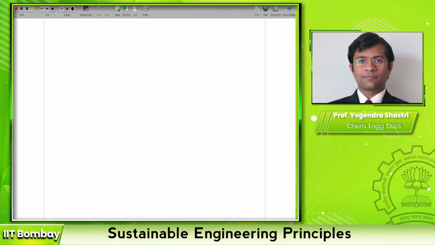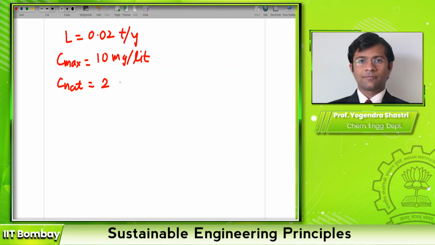So let's keep the other numbers the same. So L remains as 0.02 tons per year. Cmax is again taken as 10 mg per liter. Now I have said that the natural concentration has changed from 0 mg per liter to 2 mg per liter. That means naturally the water body has 2 mg per liter.